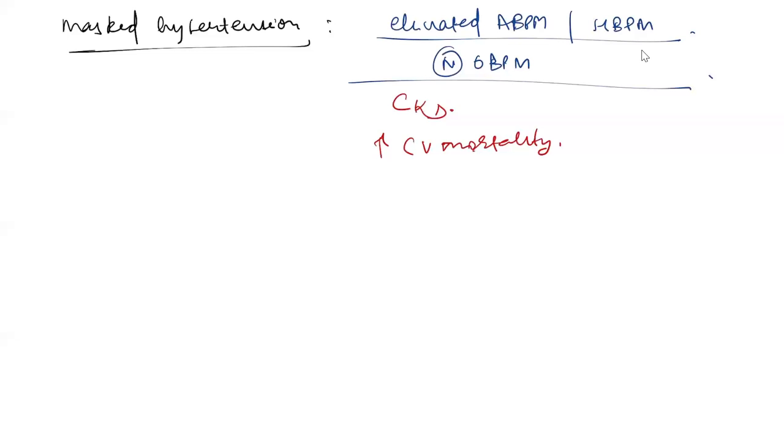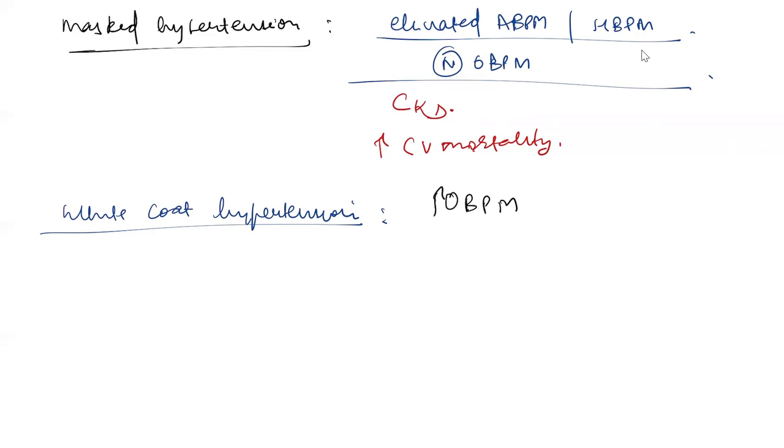Now, second is white coat hypertension. In this, the patient becomes anxious whenever he comes to the hospital or our office, which leads to increased office BP, but normal home-based BP and ambulatory BP.